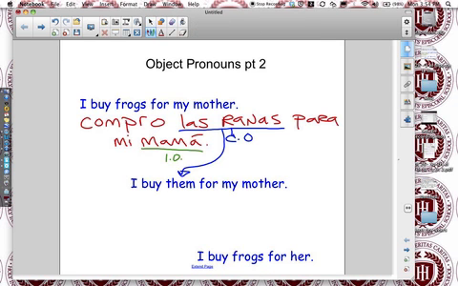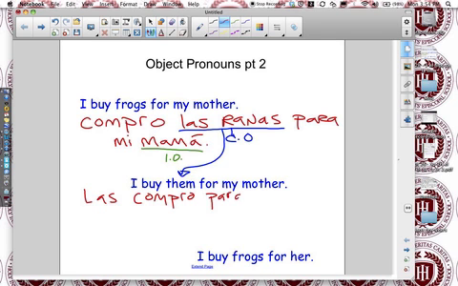We choose, of course, the direct object pronoun las because it's feminine and plural, and we also learned that they go before the verb, so las compro para mi madre.